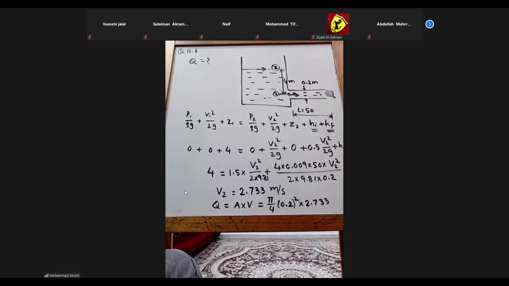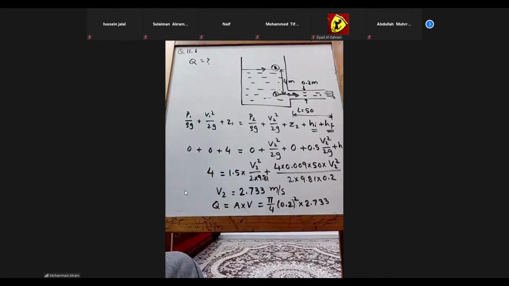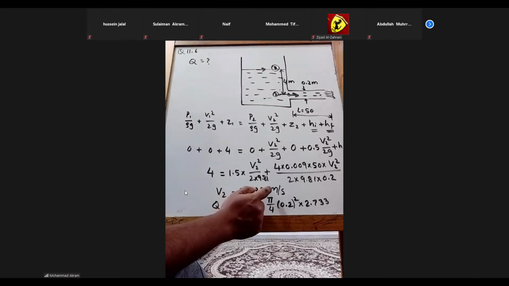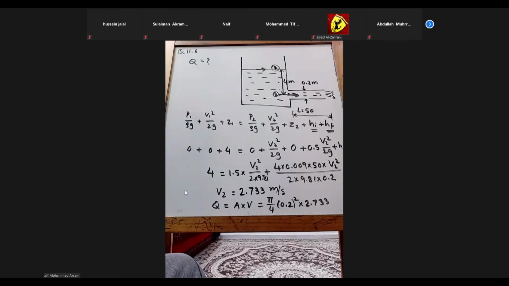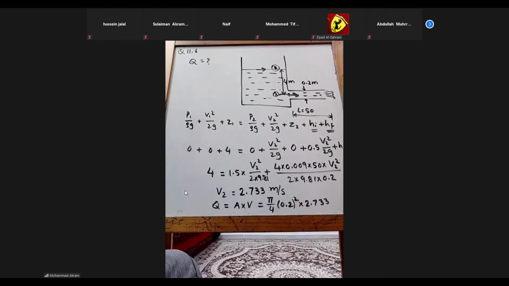See, I will not take the name, but one student has calculated area as pi by 4 d. He has not taken the square in the quiz. One student wrote the unit of velocity as meter square per second. These are minor mistakes, but you should be careful. Because of this, he got the wrong values.